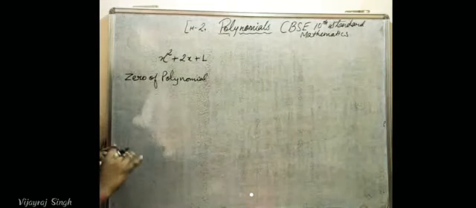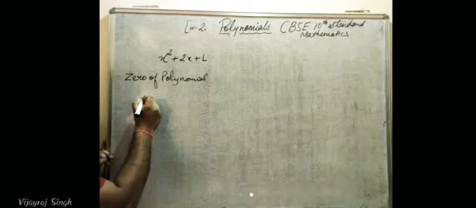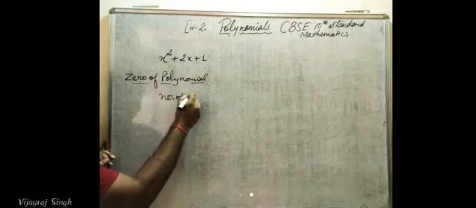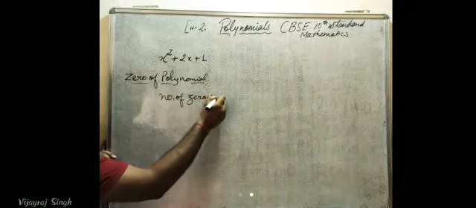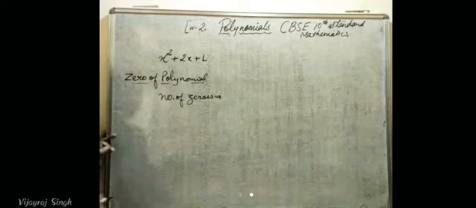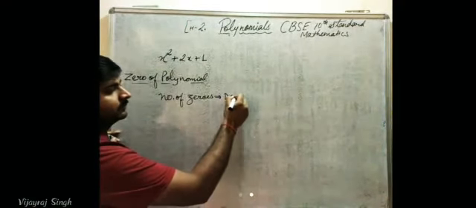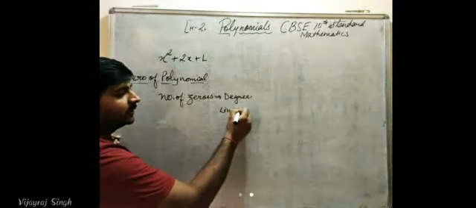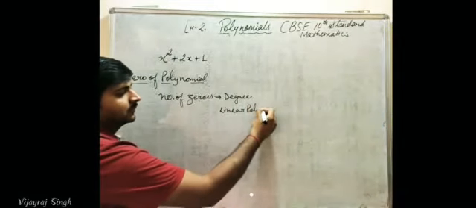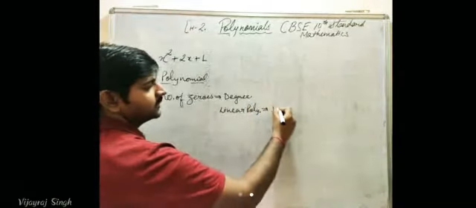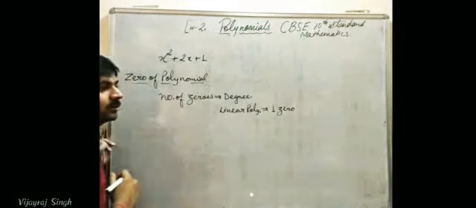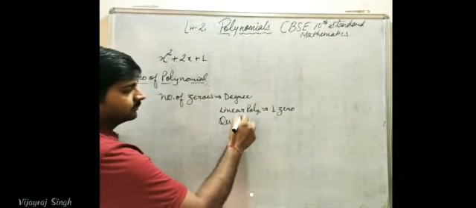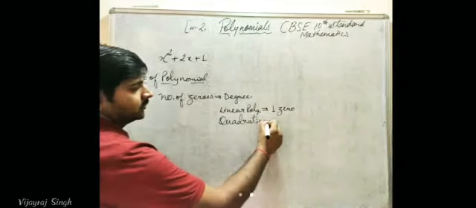So first of all, I am telling you, the number of zeros we can decide according to degrees. Suppose if a linear polynomial is there, it has only one zero of the polynomial. If quadratic, it has only two zeros.